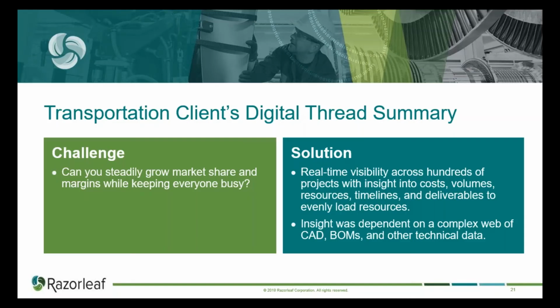So their challenge was, can you steadily grow market share? In other words, can we get new auto OEMs coming to us? Can we win more of the business from those auto OEMs while balancing that engineering manufacturing balance, right? While keeping that all the way it needs to be, keeping everyone busy. So this case study, I want to highlight, they needed to get started with the educate piece, because the assess part they already had figured out.